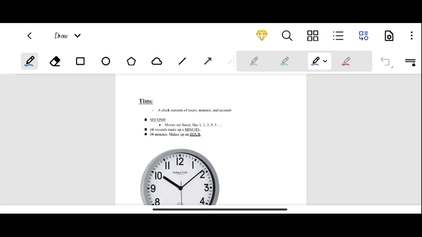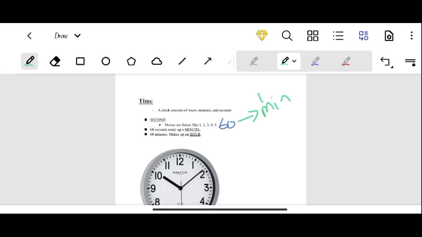When you're dealing with seconds, seconds move a little bit faster. It can be like 1, 2, 3, 4, 5, ongoing until it reaches 60 seconds. The moment it reaches 60 seconds, it forms what we call 1 minute.